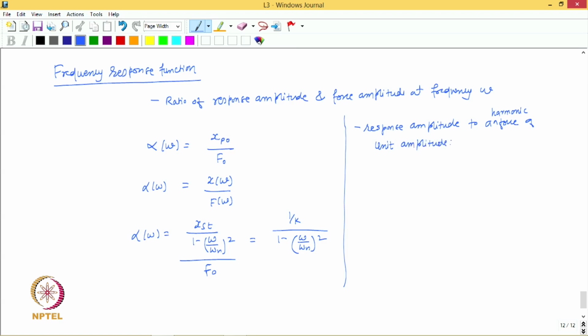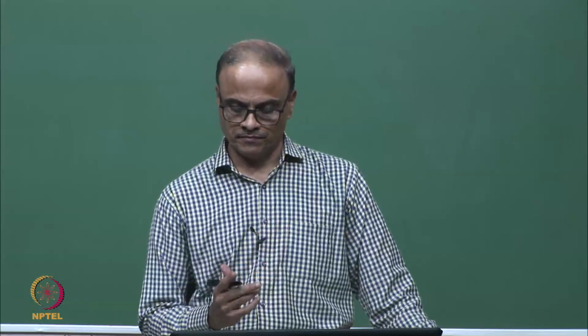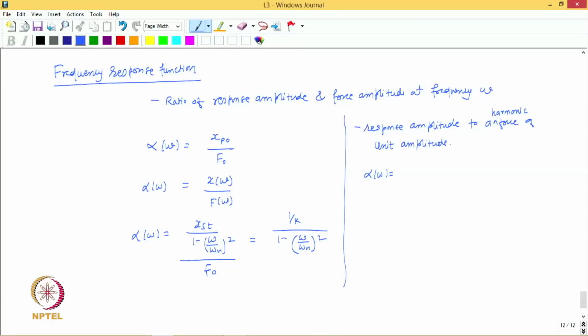For the present case, because xpo in our case was f naught upon k minus m omega square, that is the particular part of the response amplitude divided by f naught, we also get an equivalent expression for the frequency response function as 1 upon k minus m omega square.